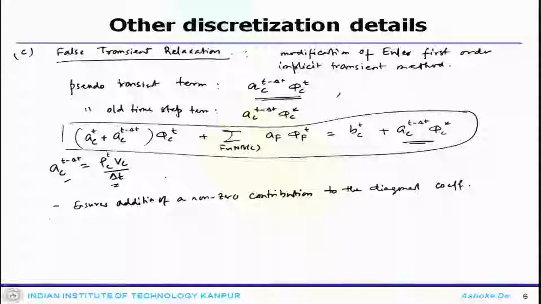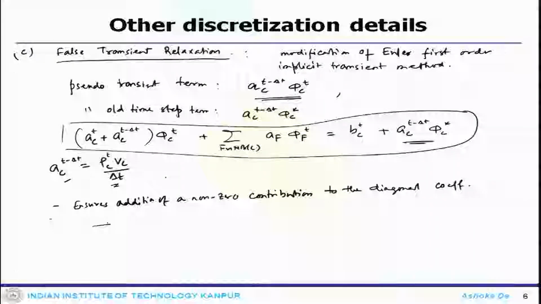In other words, there is no generic rule for assigning an optimum under relaxation factor, as the values used in one case may not work properly for another case. So, this is one of the issues with the method.